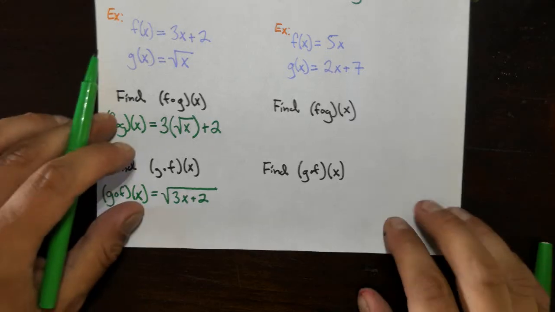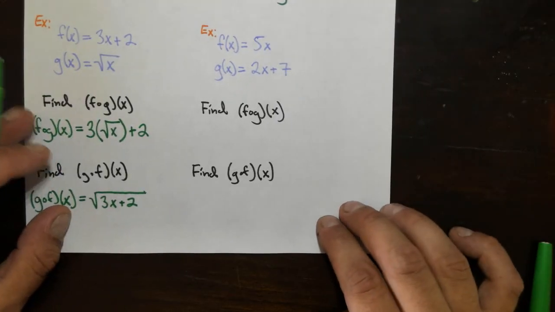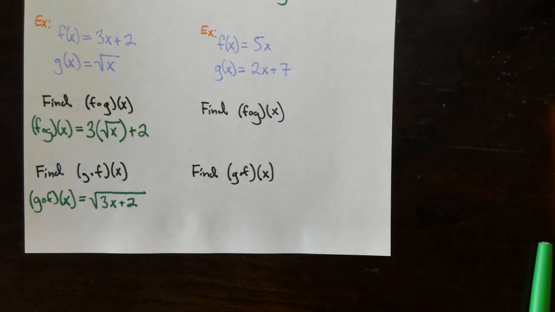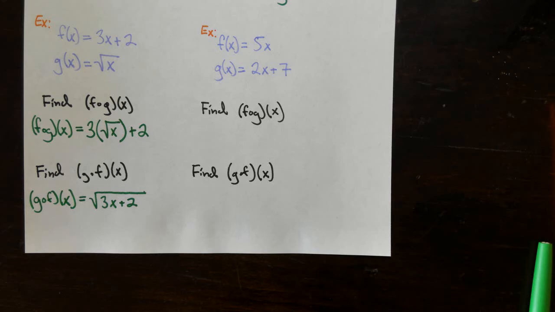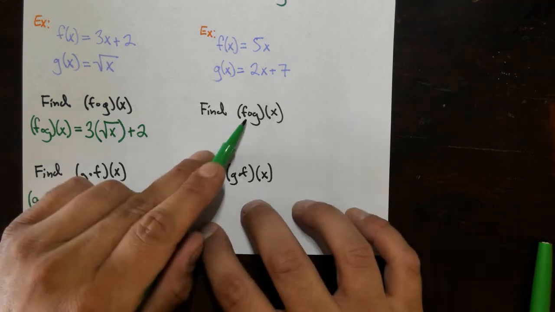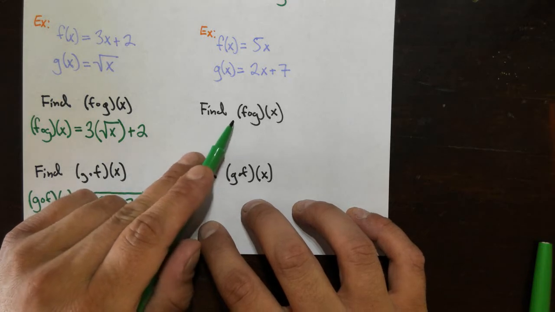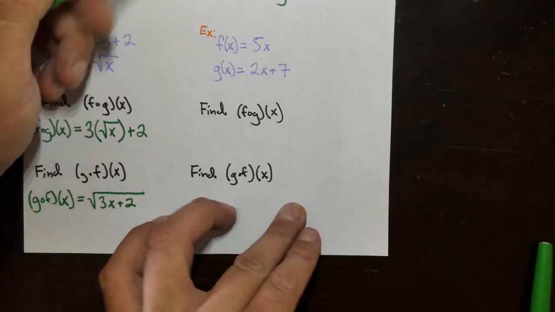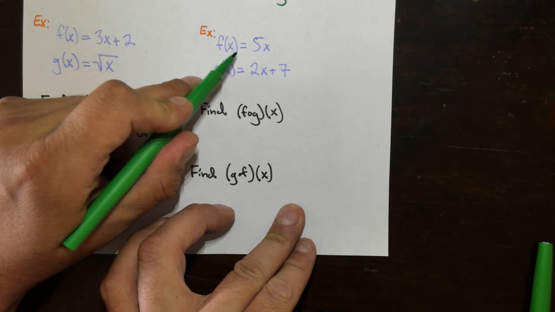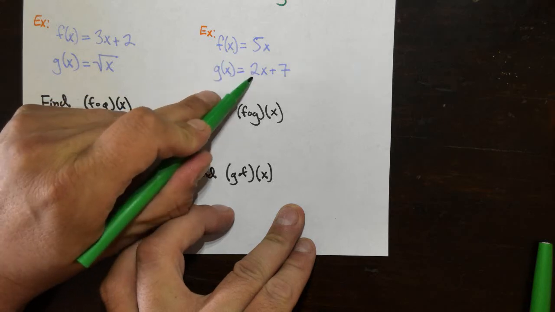So let's go to the next example here. We have f of x is 5x, and g of x is 2x plus 7. So we need to find f of g of x. So we're going to put g inside of f. f is 5x and g is 2x plus 7.